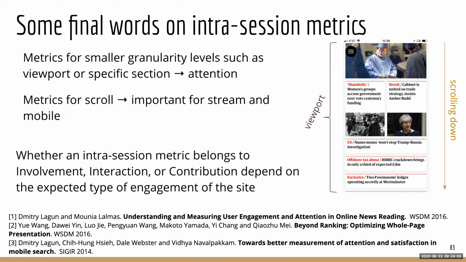What does it mean, and how does a lot of this relate to that? There's also the notion that users don't like to scroll down, at least in the context of desktop, but in the context of mobile it is a very different behavior. And whether an intrasession metric belongs to involvement, interaction, or contribution really depends on the expected type of engagement on the site.